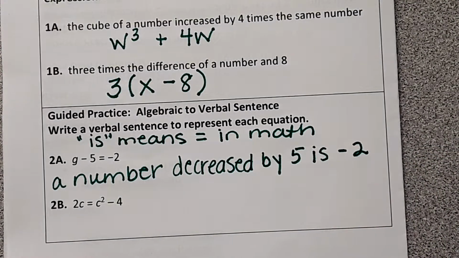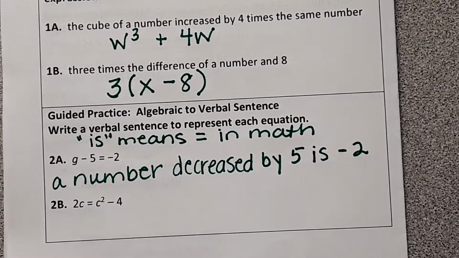So try to stay the way. You could say the difference between a number and 5 is negative 2. You could have said that too. But if you want to say, well, it's G minus 5, well, what's another way you could say that? Well, instead of G, you could say a number. Instead of minus, you can say decreased by. So you want to heighten the vocabulary a little bit.